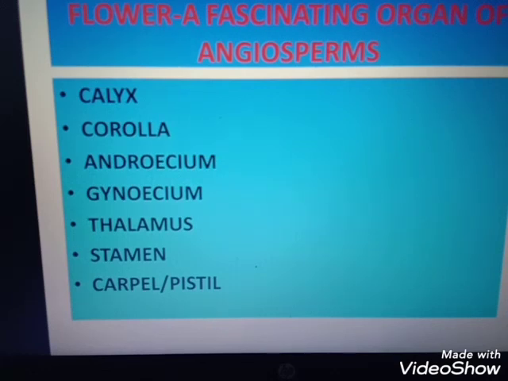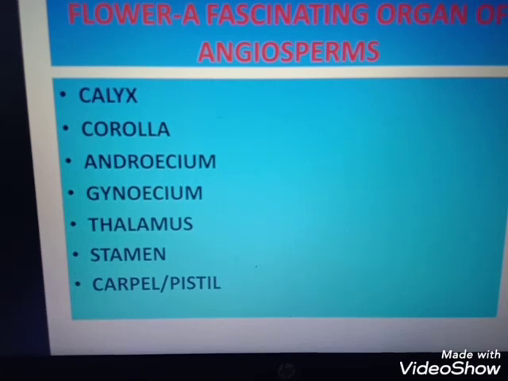Then the next question: draw a labeled diagram of the sectional view of the mature pollen grain in angiosperms and explain the function of its different parts. I think I discussed all the previous year board questions from the chapter on the formation of male gametophyte, what is happening in male gametogenesis.